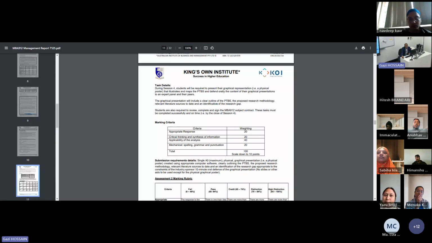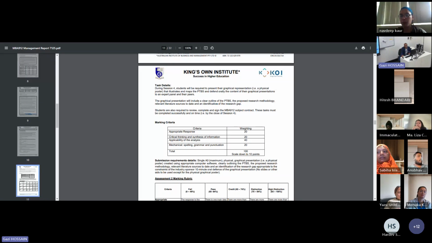Next, Sabiha, the impact of artificial intelligence on financial risk assessment in Australian healthcare insurance. I'm not sure, Sabiha. Not impact, you can say the uses or the application of artificial intelligence.